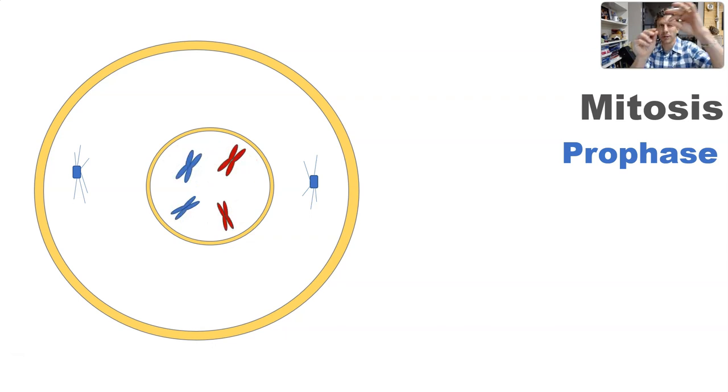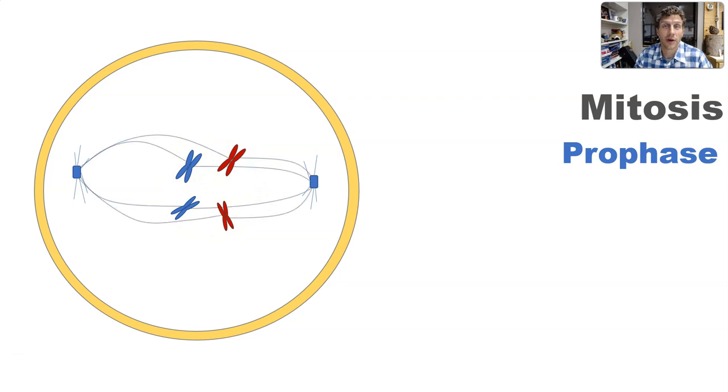They wind up really tight to form X shapes. You should also know that the nuclear membrane breaks down and that the spindle fibers grow and attach to the chromosomes. So lots going on in prophase. You need to know that.